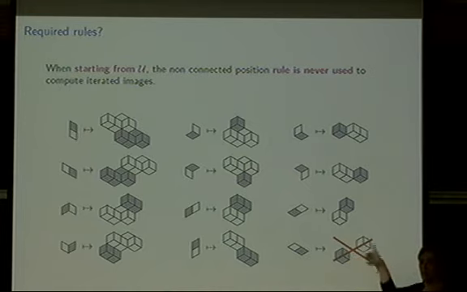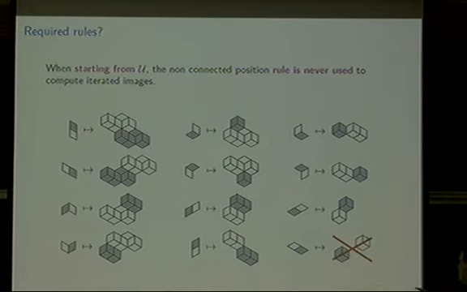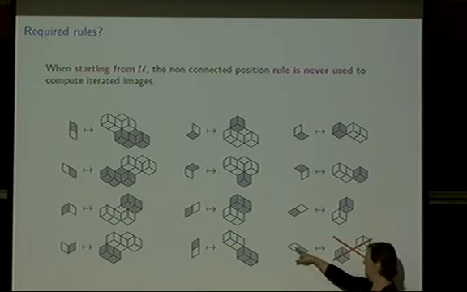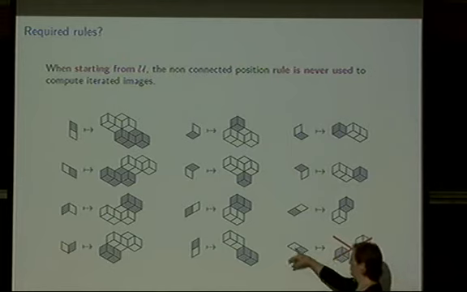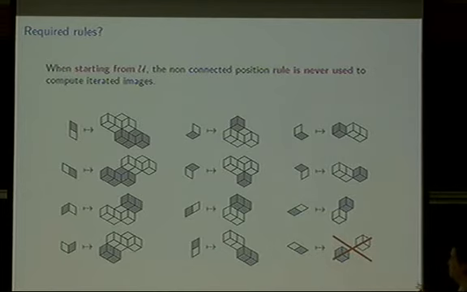I can cover any of my pieces without using this part of the local rules. And what you see is that when I apply these rules, they are all connected. So when I start from something connected, I switch to something connected, and again and again.